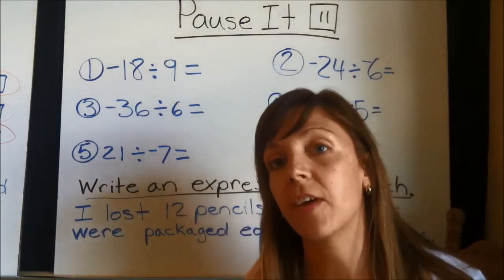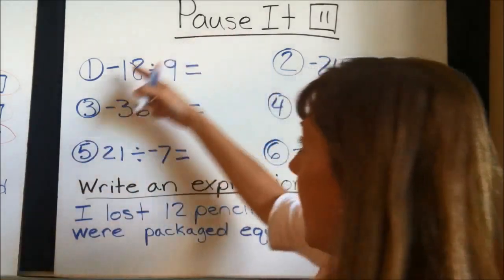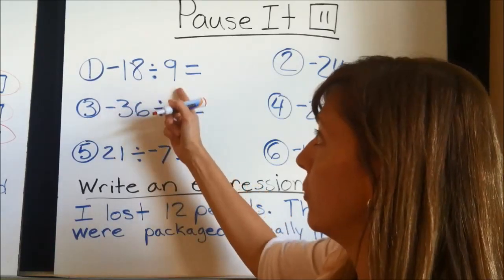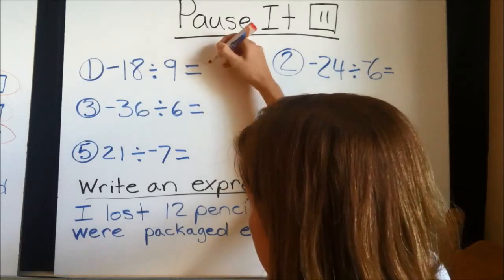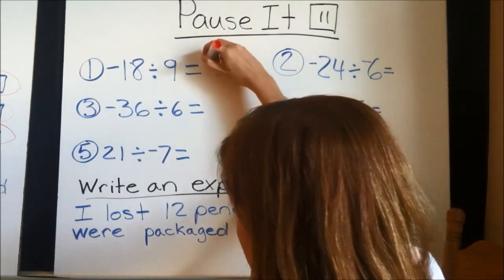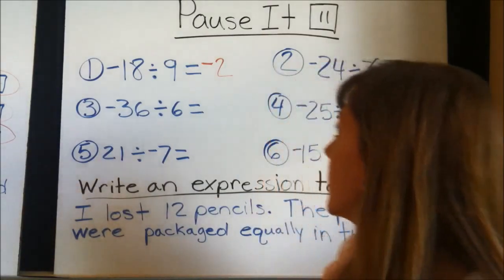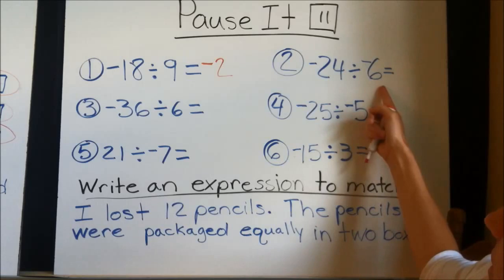Okay, negative 18 divided by 9. A negative divided by a positive. I owe $18 total to 9 people. I owe each person $2. Number 2, negative 24 divided by negative 6.